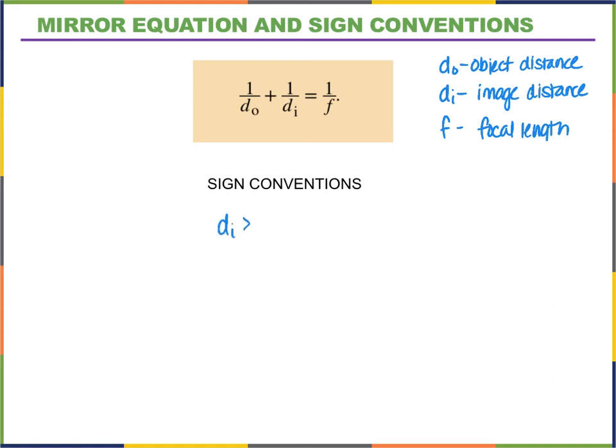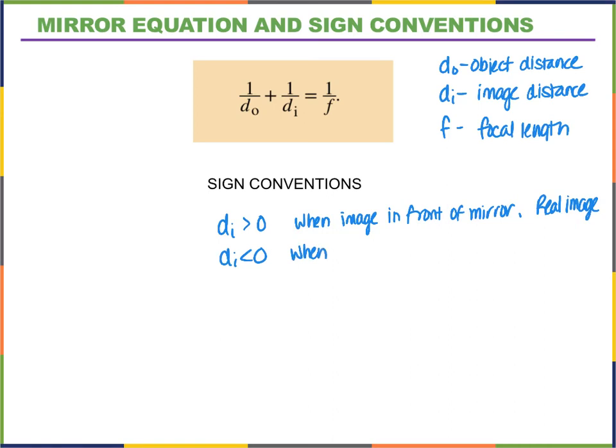D sub I is positive when the image is in front of the mirror, and then that makes it a real image. D sub I is negative when the image is behind the mirror, and that's a virtual image.